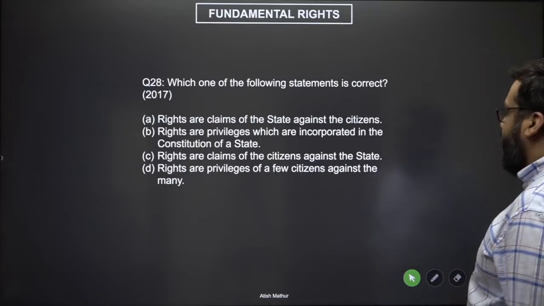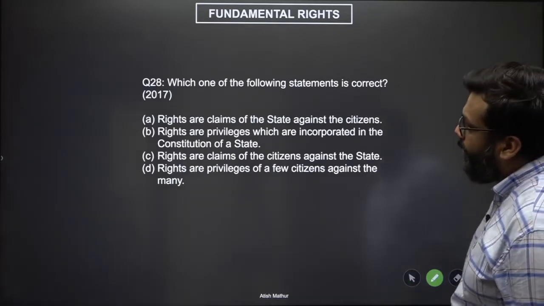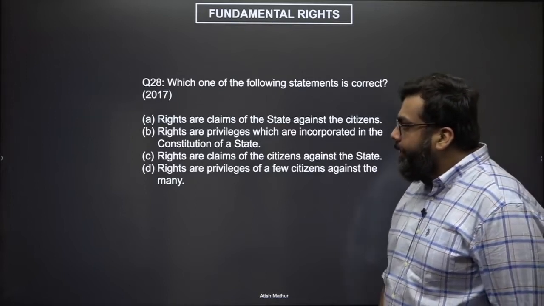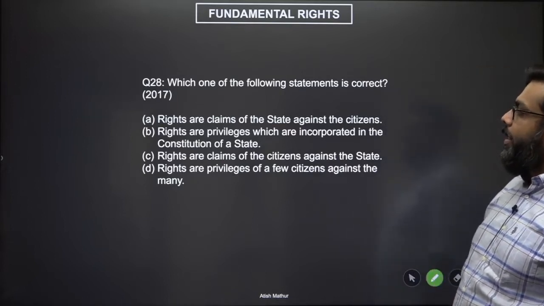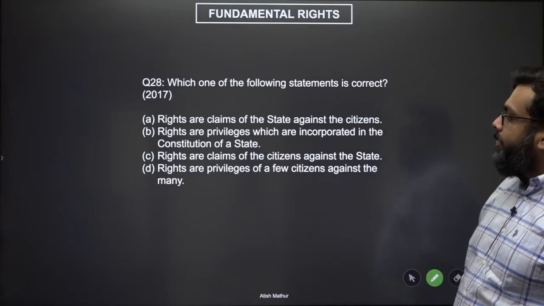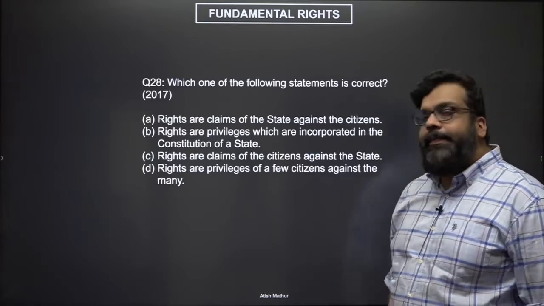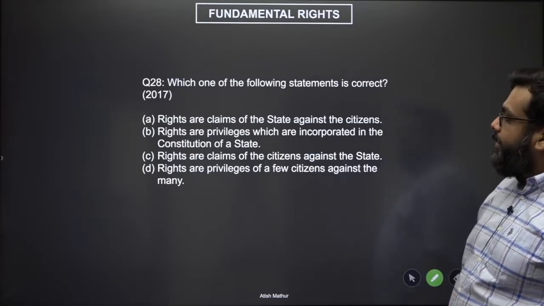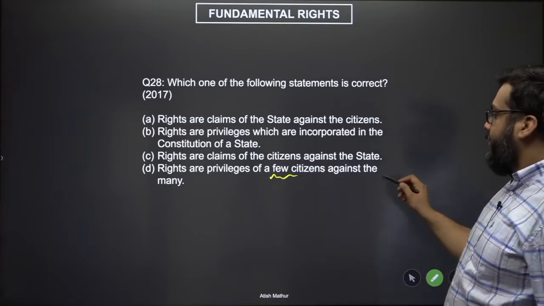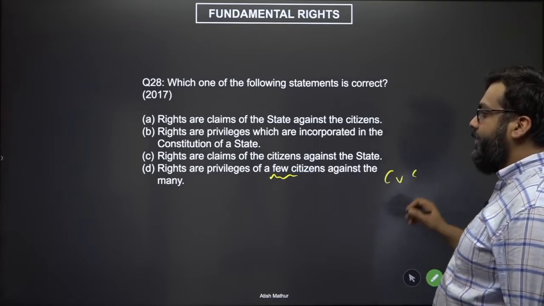Which of the following statements is correct? Rights are claims of the state against the citizens. Rights are privileges which are incorporated in the constitution. Rights are claims of the citizens against the states. Rights are privileges of a few citizens against the many, which means this says it's citizen versus citizen.